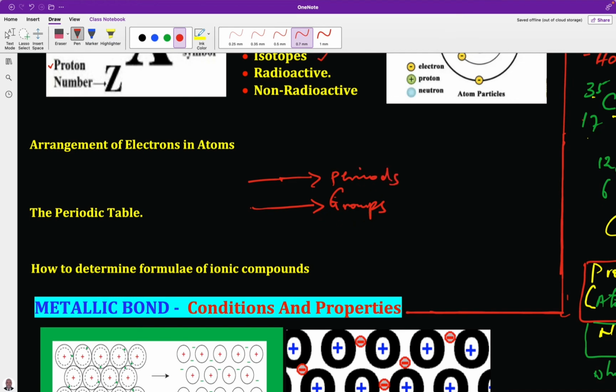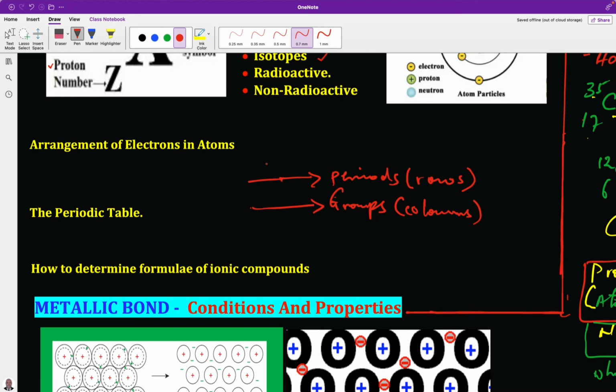As you go down the group, the columns, these are the groups, and the periods are the rows. So the periodic table is arranged into columns and rows, and the columns are the groups, and the rows are the periods.